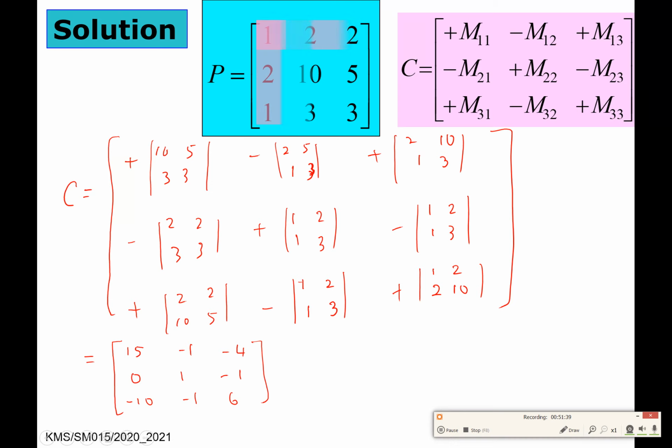So this adjoint equals the C transpose. What is C? C we already calculated as 15, negative 1, negative 4, 0, 1, negative 1, negative 10, negative 1, 6.